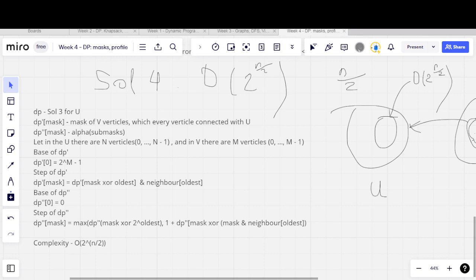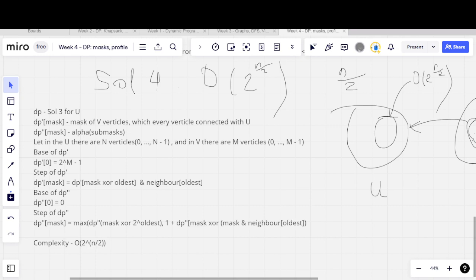Yeah, I consider a graph with n vertices.